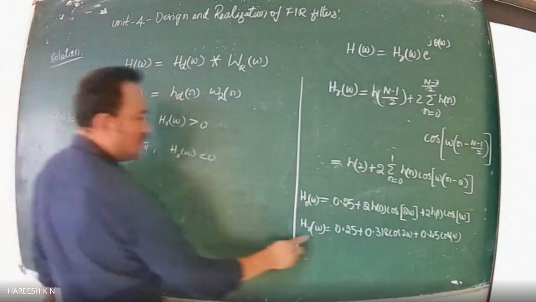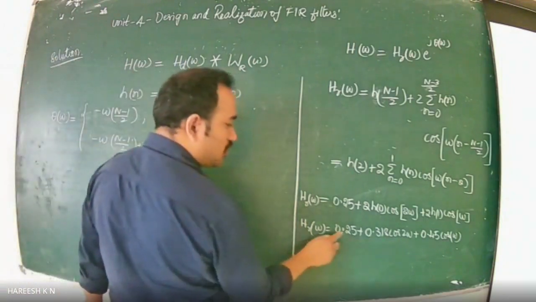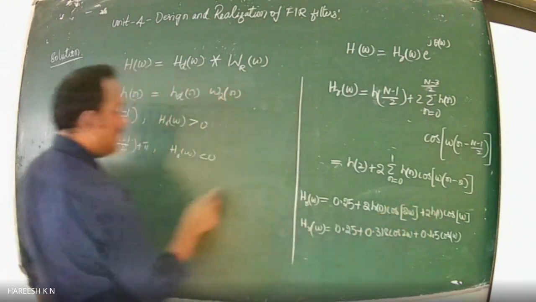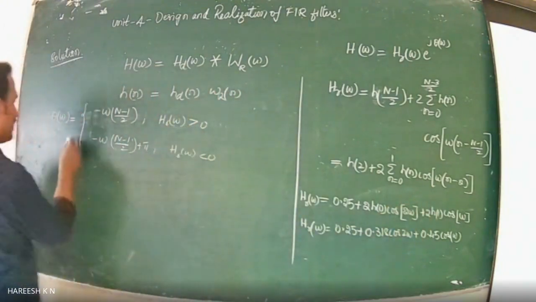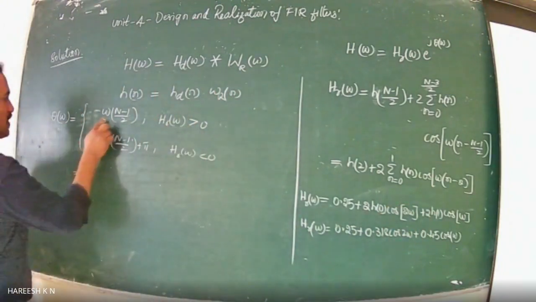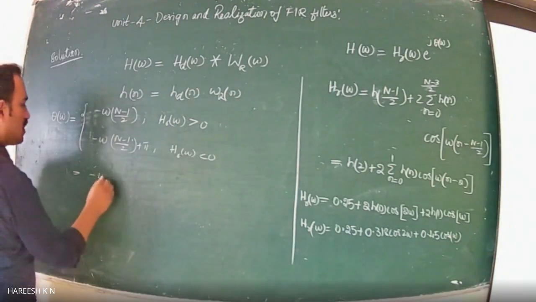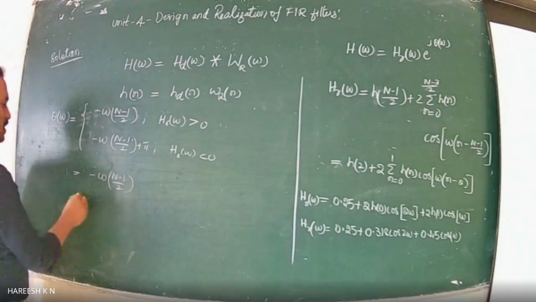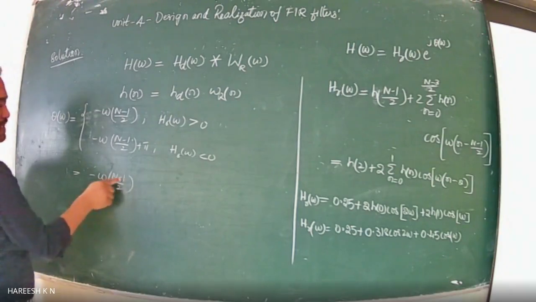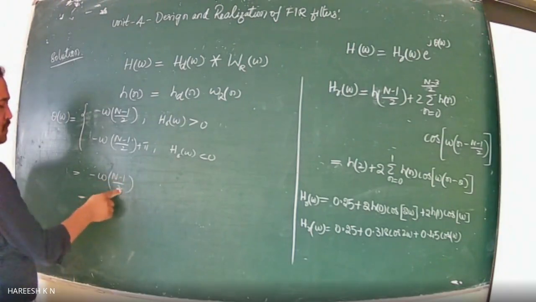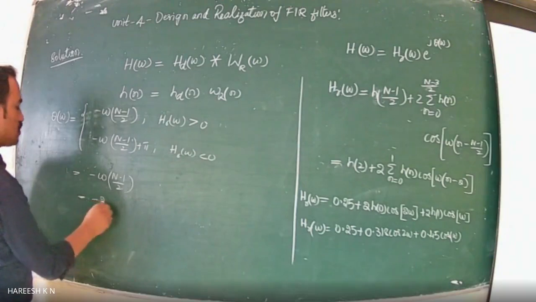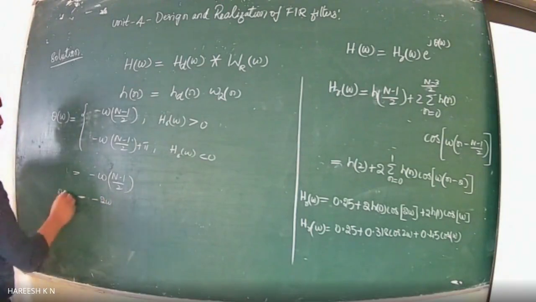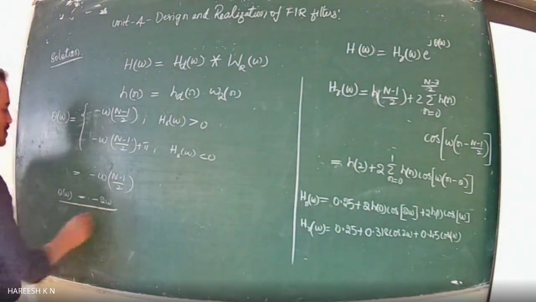Since we can analyze from this expression, that is 0.25 plus something, it will be greater than 0 only. Therefore, the theta value will take up this expression. Therefore, minus of omega into n minus 1 divided by 2. We know what is n minus 1 divided by 2. N minus 1 is 4. 4 by 2 is 2. Therefore, it is minus 2 omega. Theta of omega is minus 2 omega.